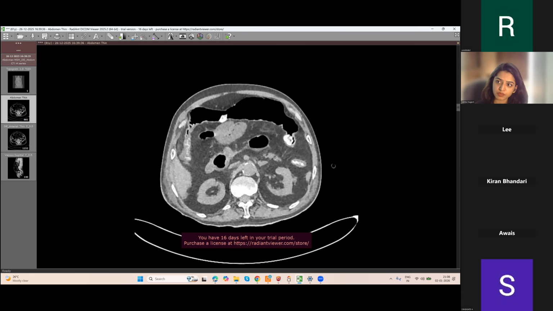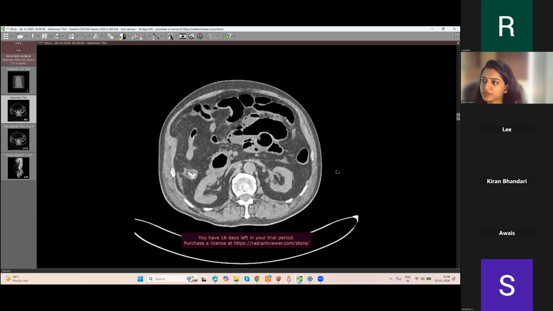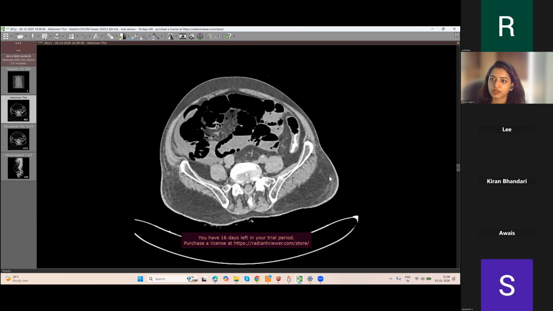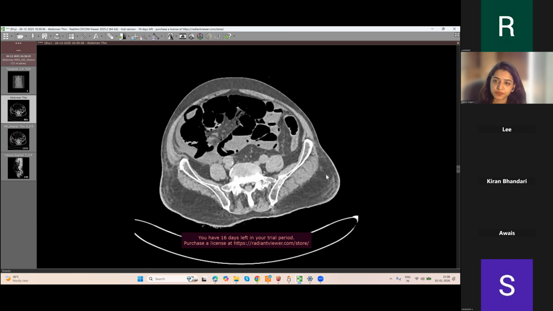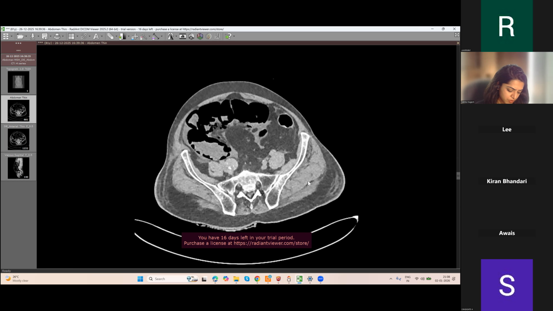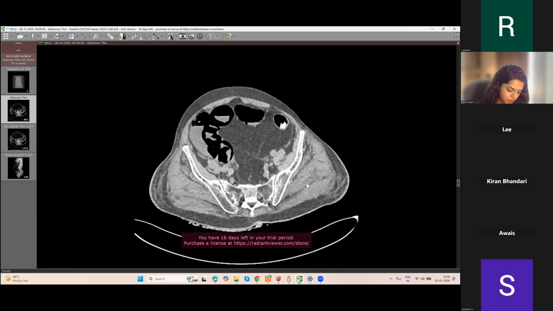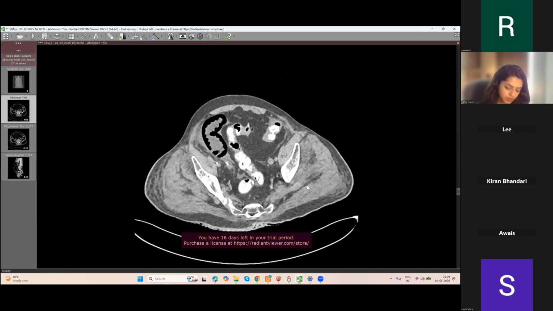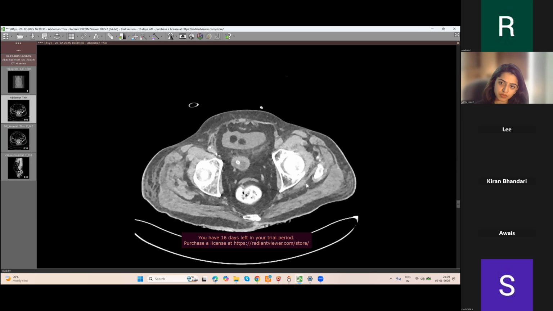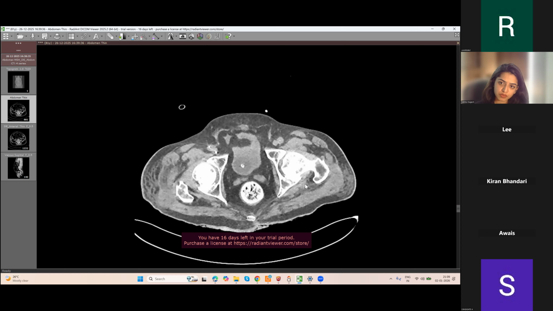This scroll bar is not working for me. Okay, I think I should just scroll through the mouse. Sure. I can see that there are multiple dilated small bowel loops in the abdomen. I'm going till the last cut to look for the cause of it. There is pneumatosis coli also seen. There is abdominopelvic ascites seen.